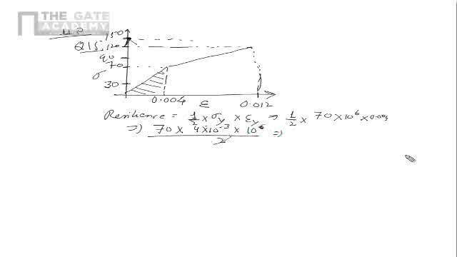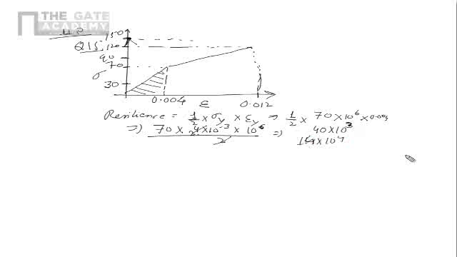So this becomes 70 into 2, which is 140 into 10 to the power 3, or 14 into 10 to the power 4.